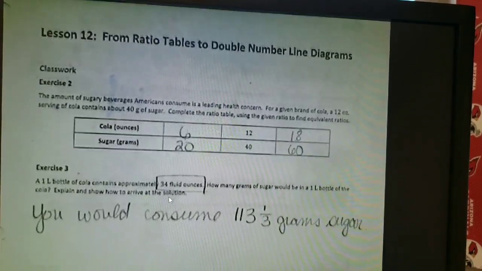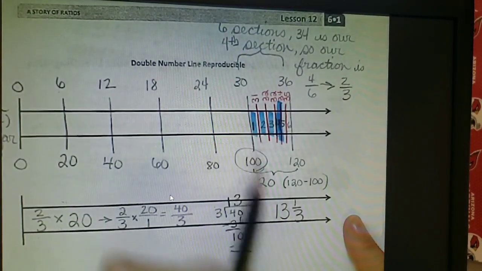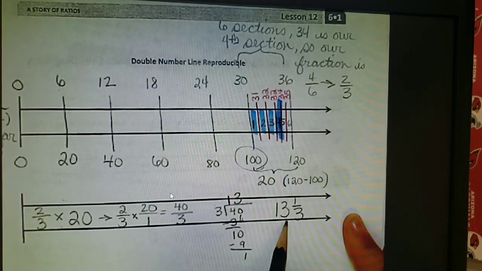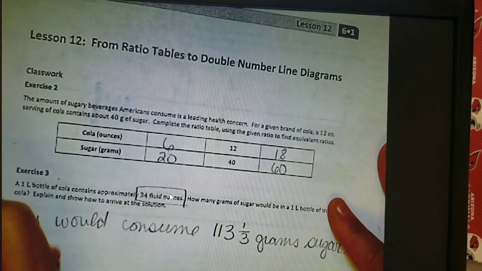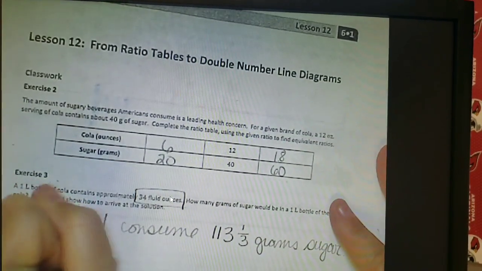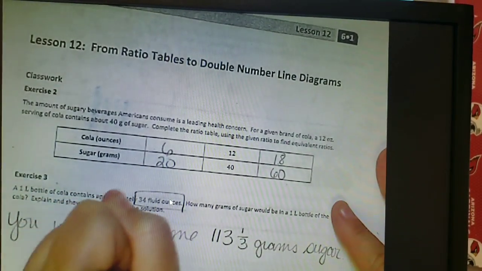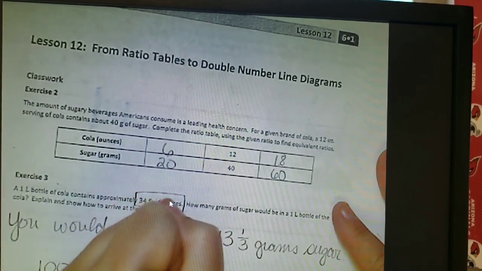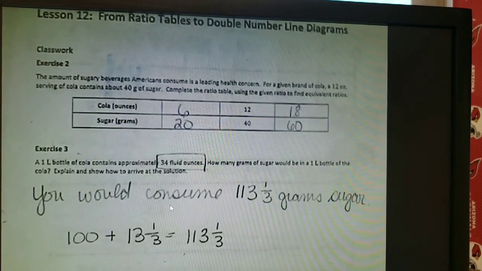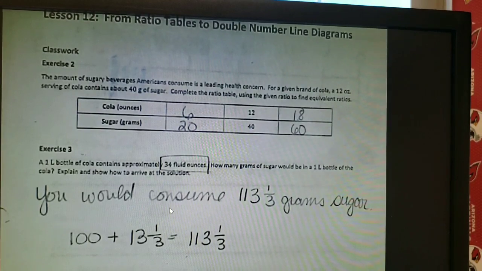Okay, and we got 113 because this is 100, and then we had 13 and 1/3 more. So we took the 100 plus the 13 and 1/3, and that's how we got 113 and 1/3 grams. Okay, all right, we'll do another one.